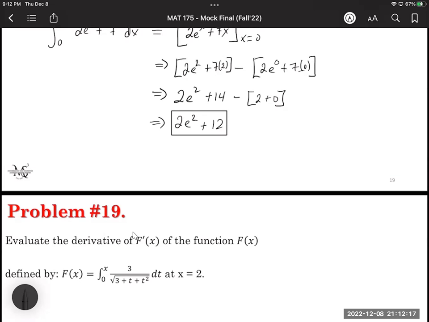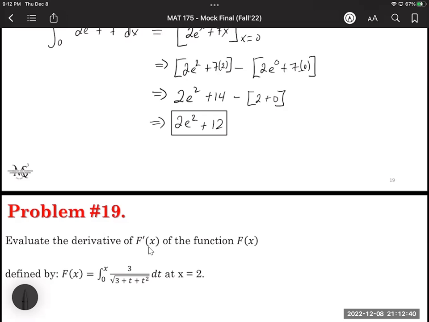They basically undo whatever the other one does. So you get back the original function. However, in this problem, notice that inside of the integral, you have 3 over the square root of 3 plus t squared.